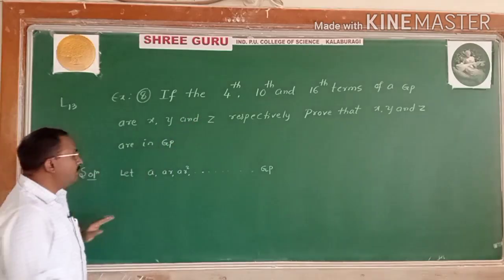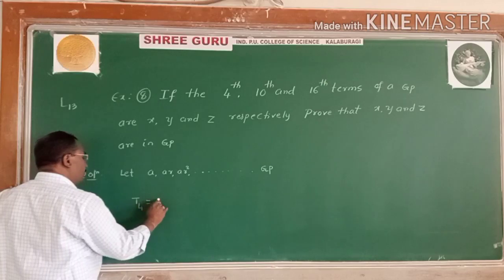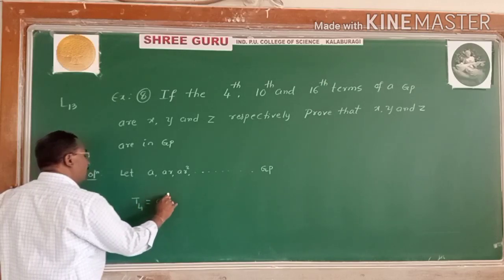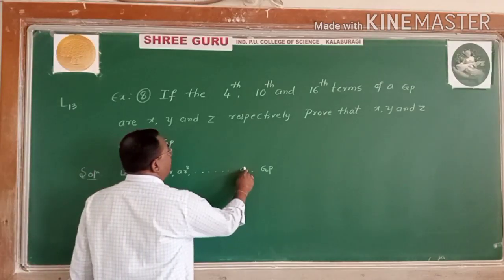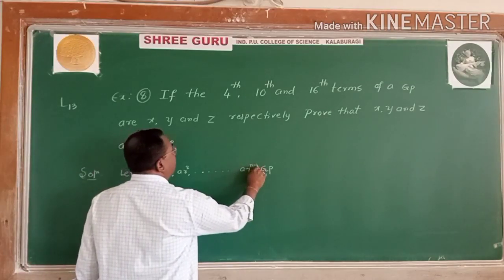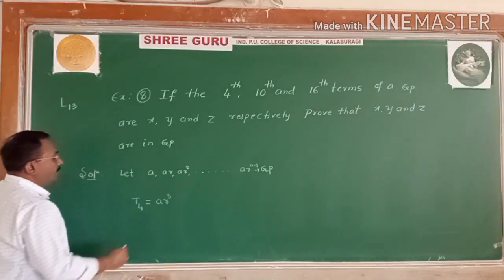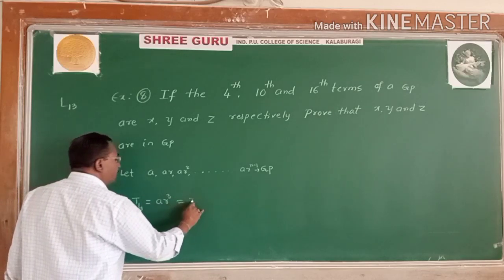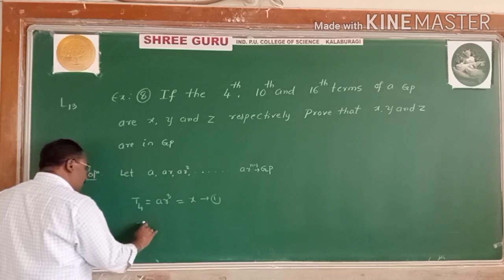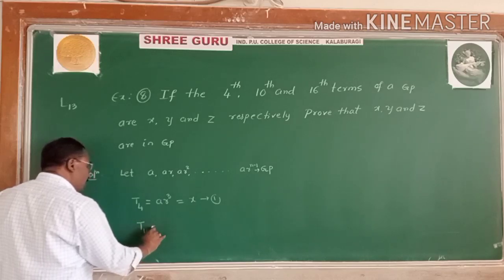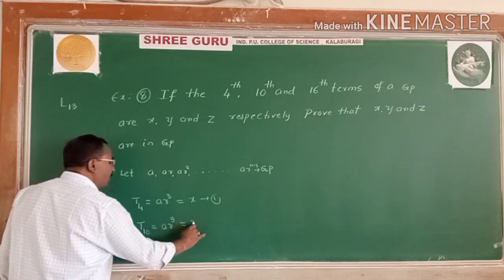If you consider the fourth term T4, it is a into r to the power 3, using a into r to the power n minus 1 for a GP sequence, equal to x respectively. Equation number 1. Next, the 10th term is a into r to the power 9, equal to y respectively.